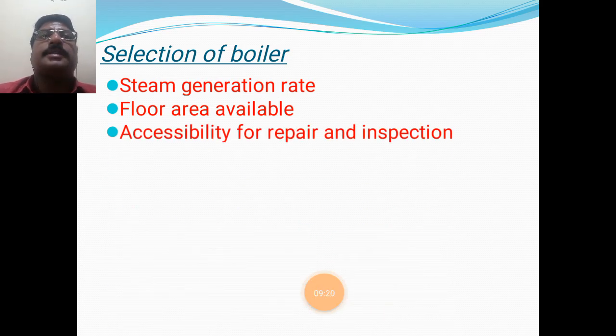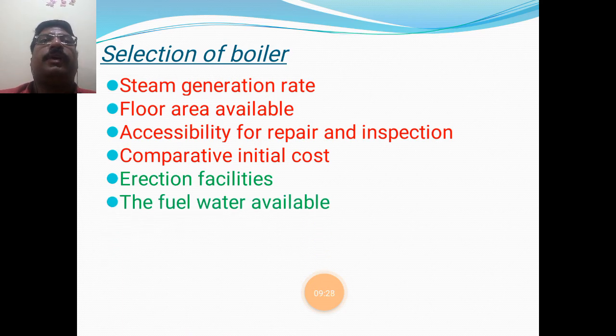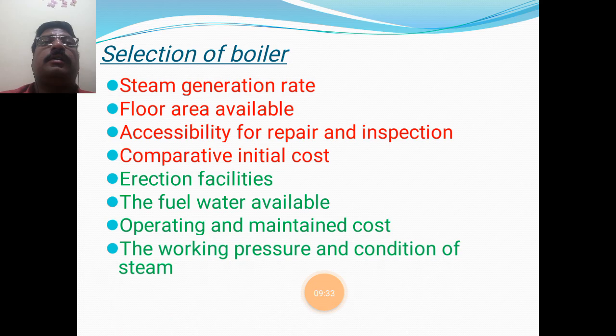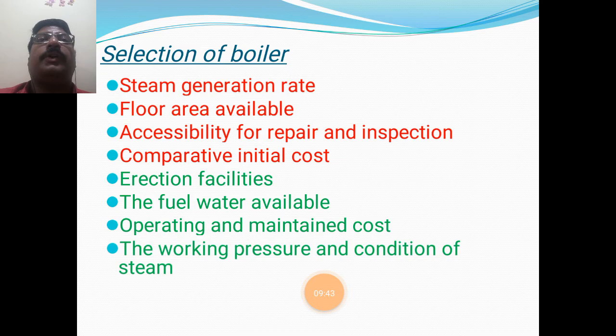Then accessibility for repair and inspection, comparison of initial cost, erection facilities, fuel and water availability, operating and maintenance cost, working pressure and condition of the steam. These are important things we have to consider while selecting the boiler.